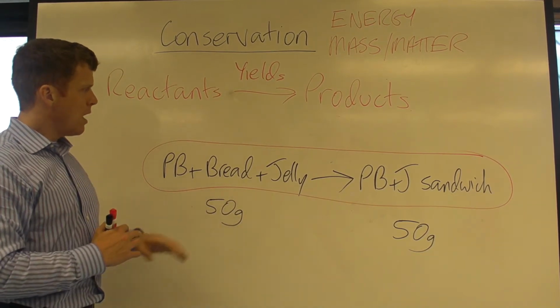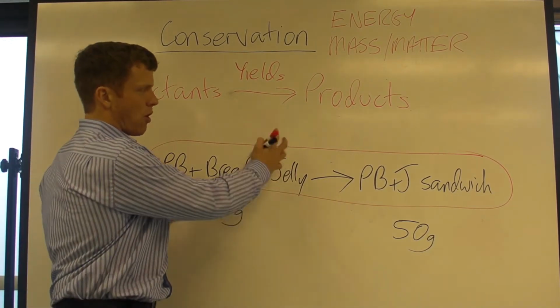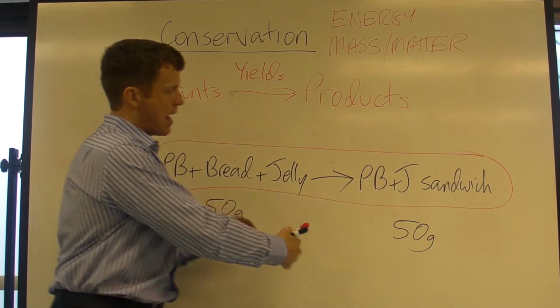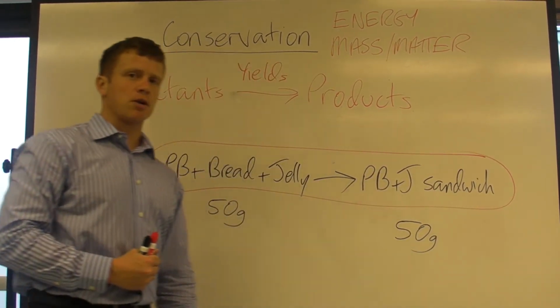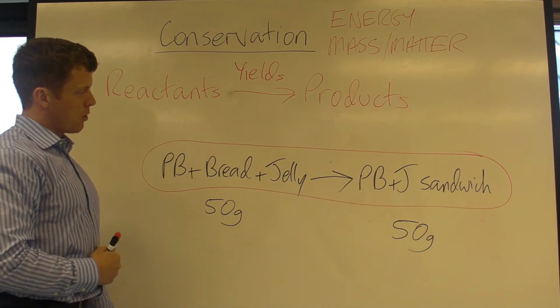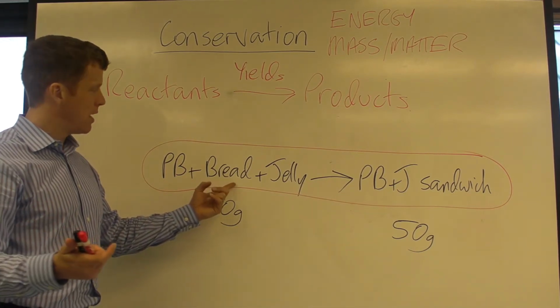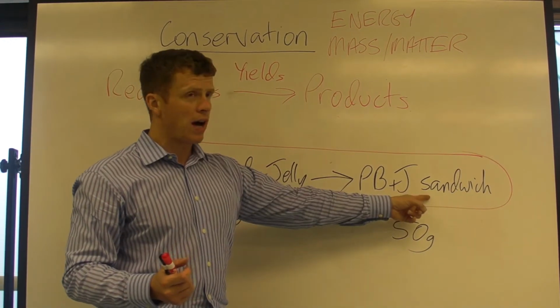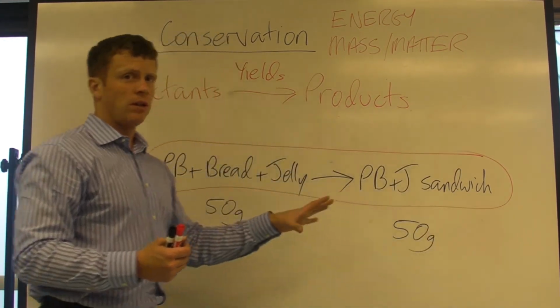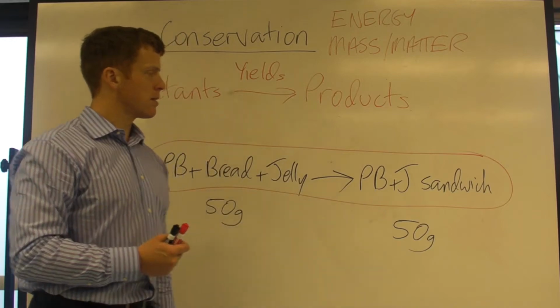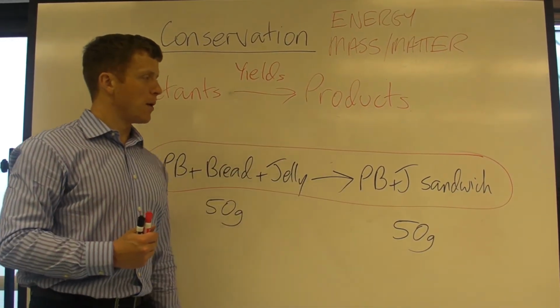So the things that you start with, the matter, the stuff, has to end up on the other side of the chemical reaction. And so the amounts that you have, so for example, 2 pieces of bread, we started with that, we end up with that. It's changed, it's different, but that 2 pieces of bread still exists, but maybe in a different form over here.